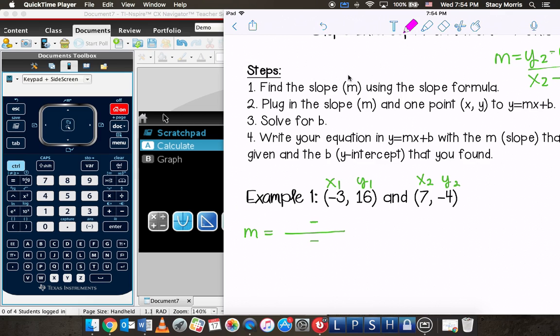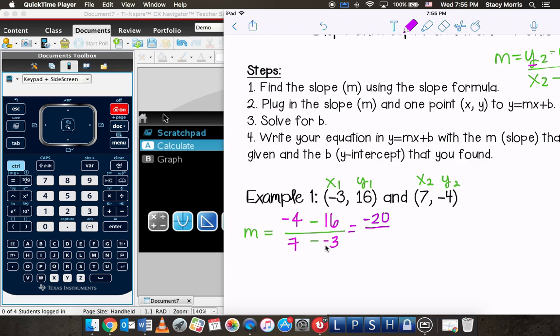My y2, for my formula, I start with y2. So my y2 is -4 minus y1 is 16 divided by x2 is 7 minus x1 is -3. So make sure you put that negative there also. All right, and then we're going to simplify this. -4 minus 16 is going to be -20.